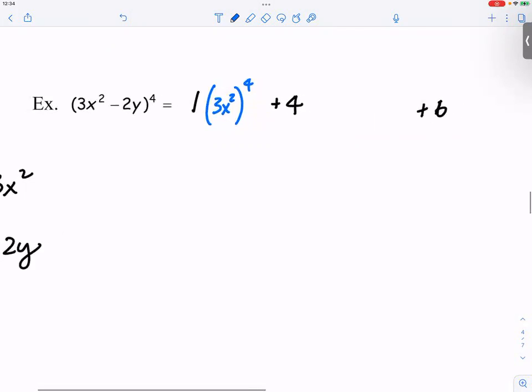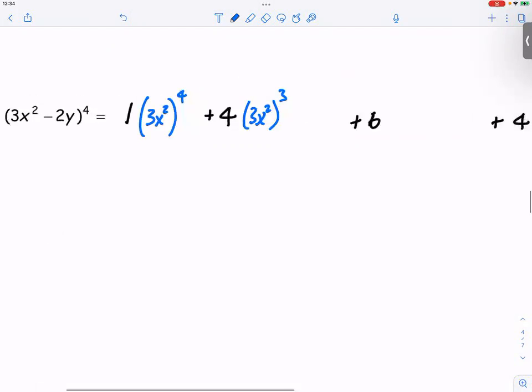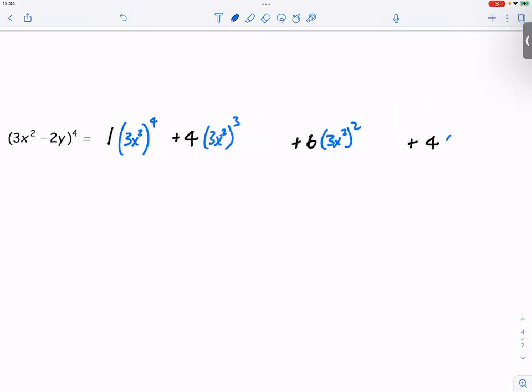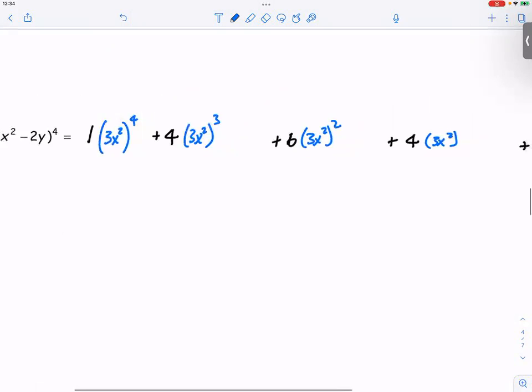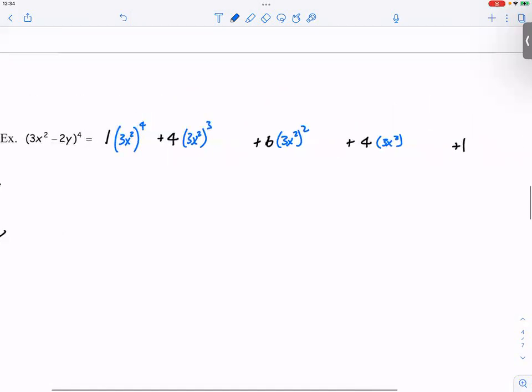So you have 3x squared, your A term, to the 4th power, your A term to the 3rd power, your A term squared, your A term to the 1st power, and then your A term to the 0 power, which you don't need to write. And then after you take care of your A term, you look at your B term.